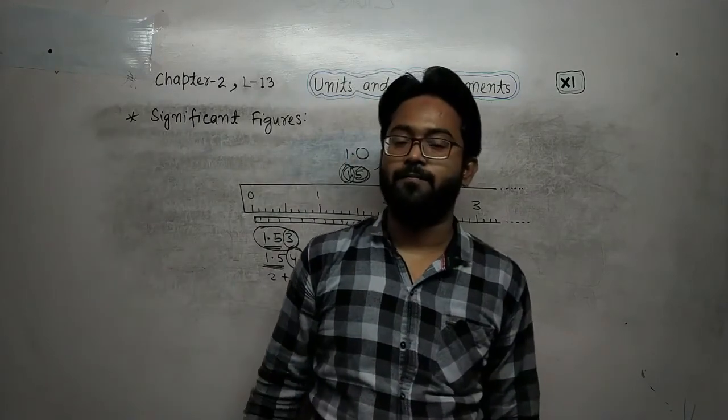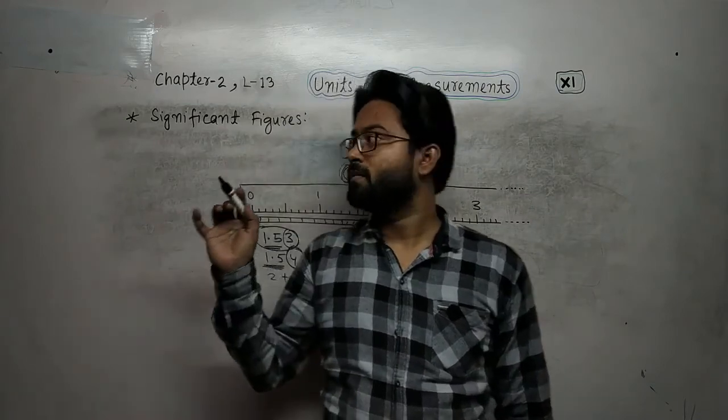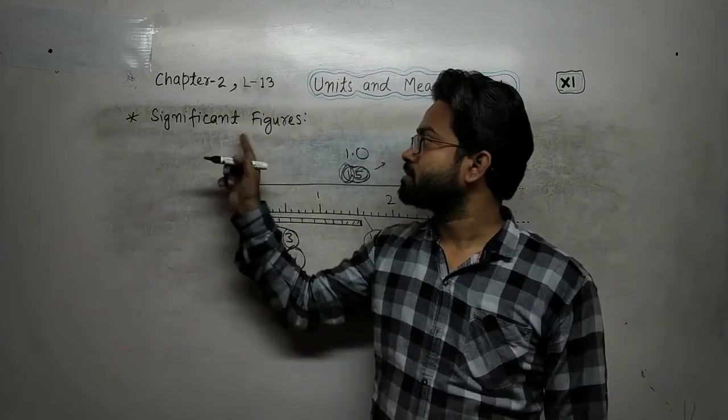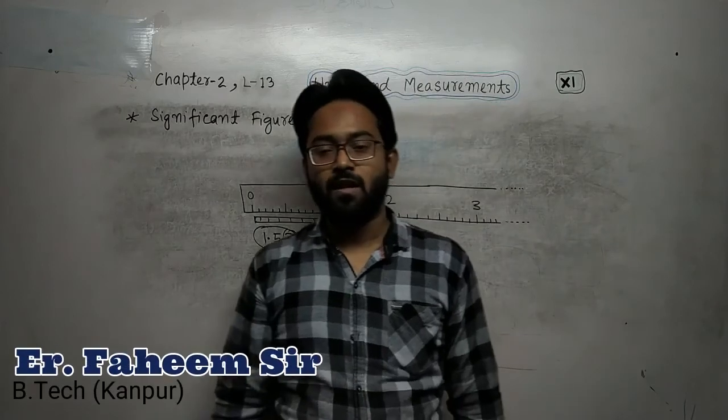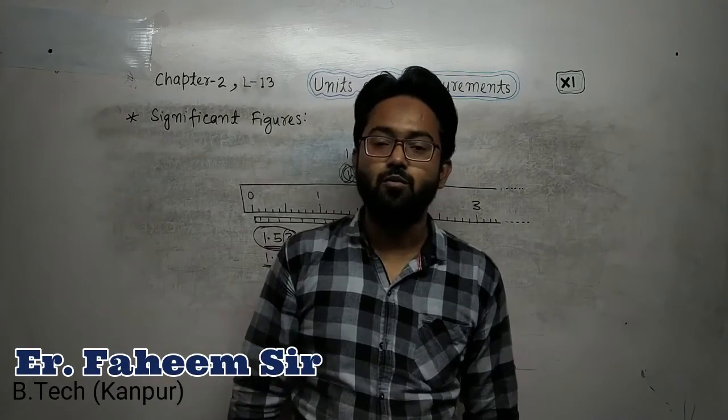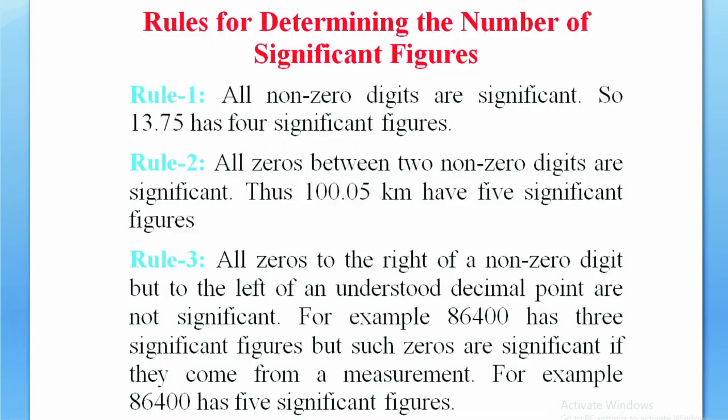Hope you are getting it. Let us move toward the rules for finding significant figures. There are some rules. We will discuss these rules one by one. Number 1, rules for determining the number of significant figures.